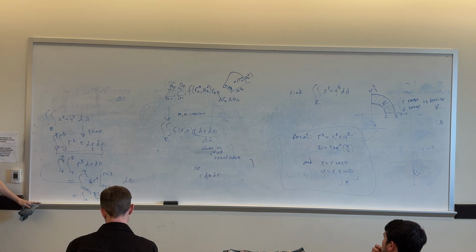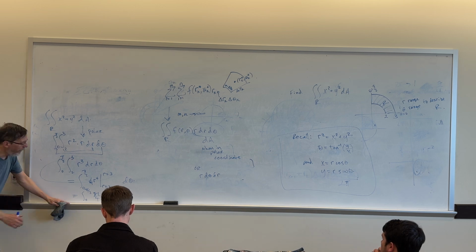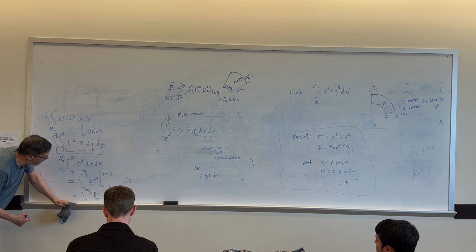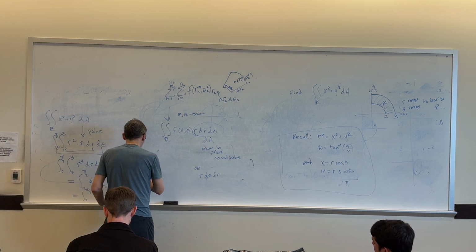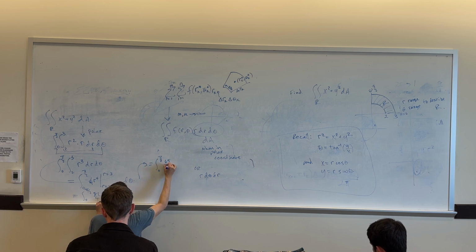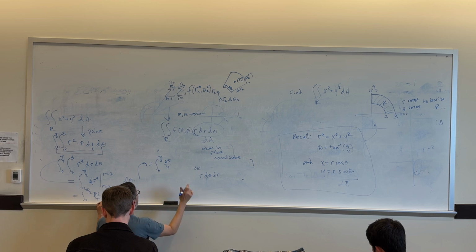Nothing too profound going on, nothing crazy. So 81 minus 16 is 65. So that is equal to the integral 0 to pi halves 65/4. I think that's right. Yeah, that's right.